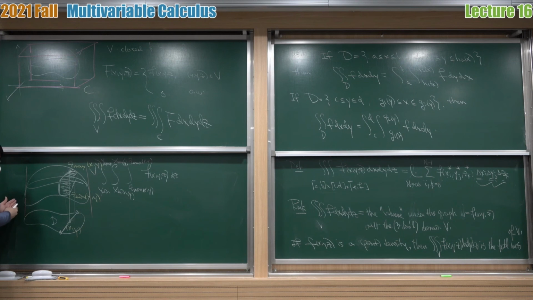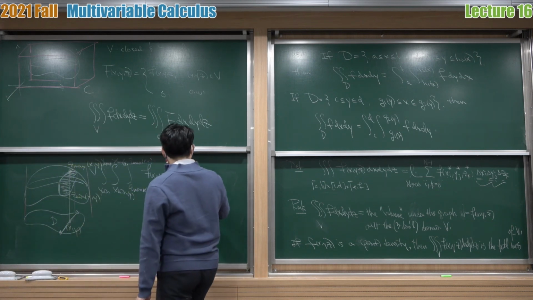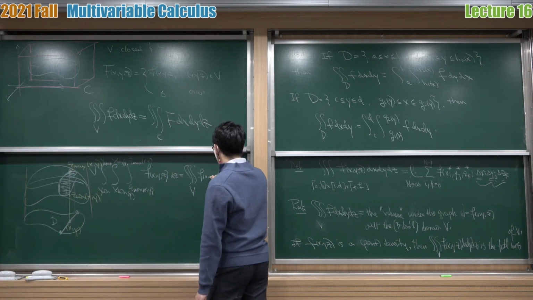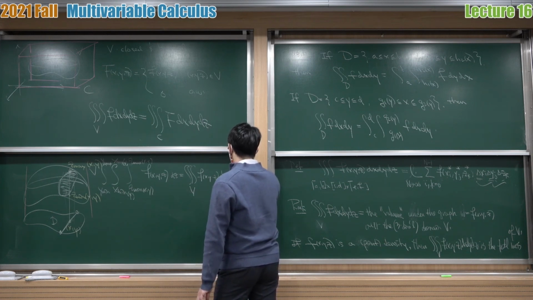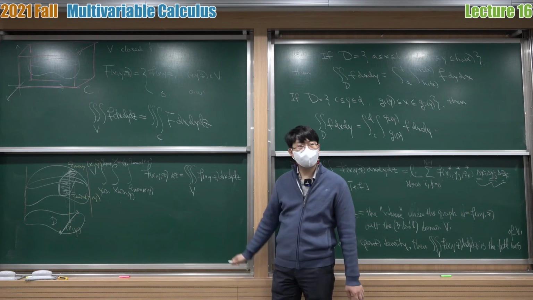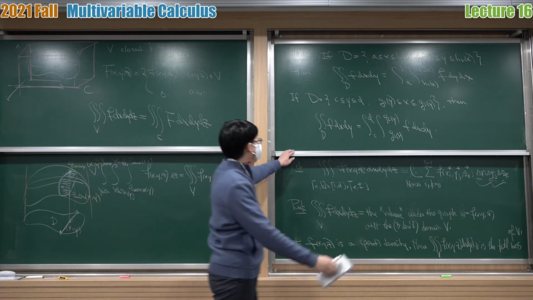I'm taking the minimum value of y inside the entire volume V, and that should be the volume, which is the triple integral. That's the Fubini theorem. So let me restate the theorem because we don't have much time.